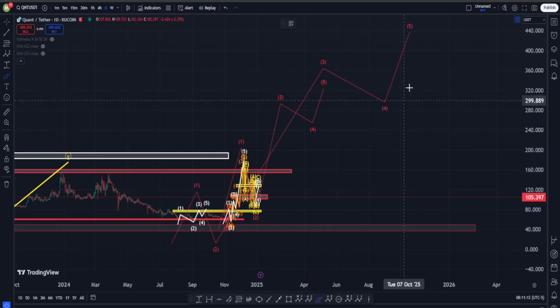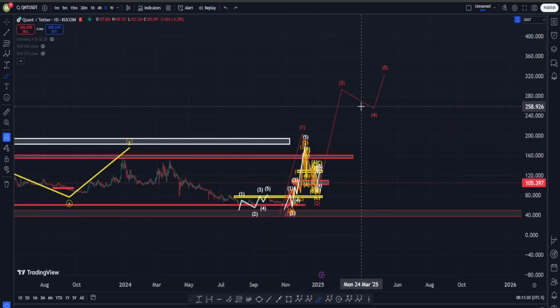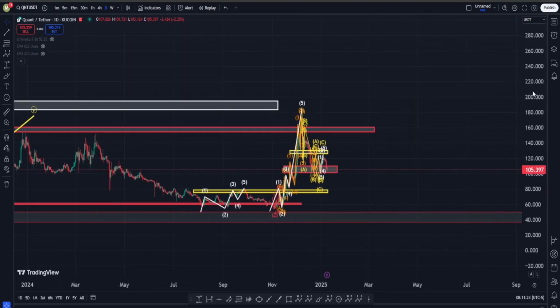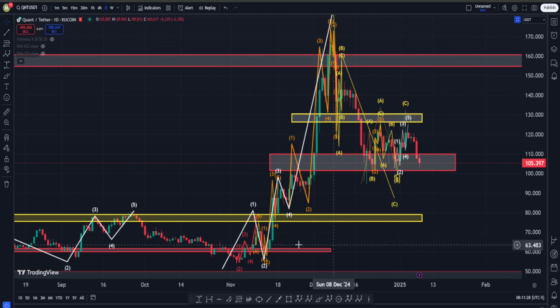And by the way, in these moves, I'm fully expecting QNT to set an all-time high and take the highest high somewhere around $450. And every single scenario should have a very important invalidation point. And for me, it's going to be taking the lowest low down here about $55. So as long as we're not taking this low, I'm going to be absolutely bullish in QNT.